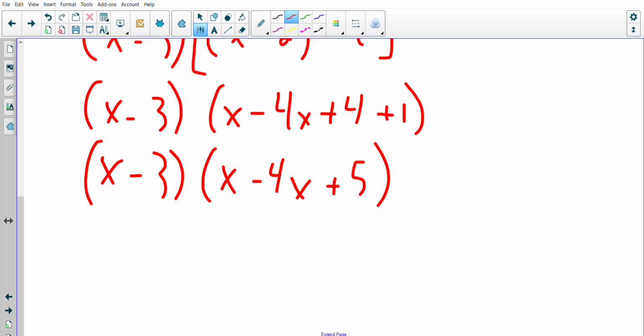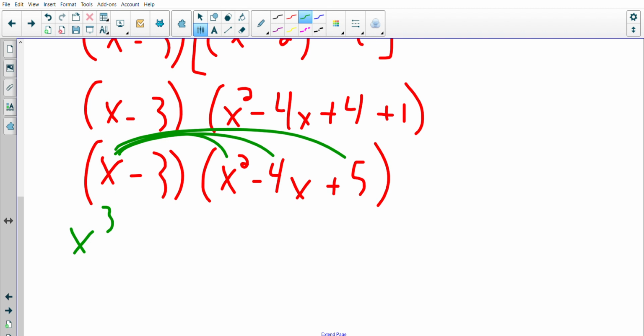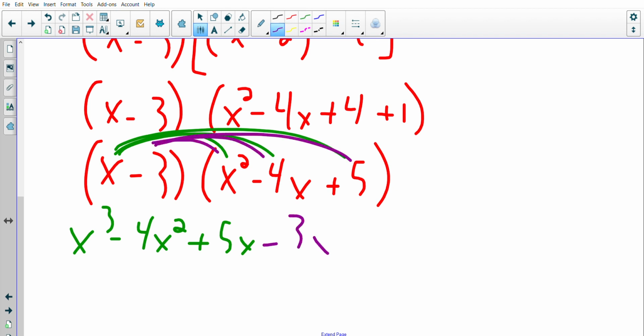And when we distribute, I'm going to distribute my x minus 3. Oh, I forgot my square here. Sorry about that. X squared. There we go. So I get x cubed minus 4x squared plus 5x. Then I'm going to distribute with my negative 3. I get minus 3x squared plus 12x minus 15.